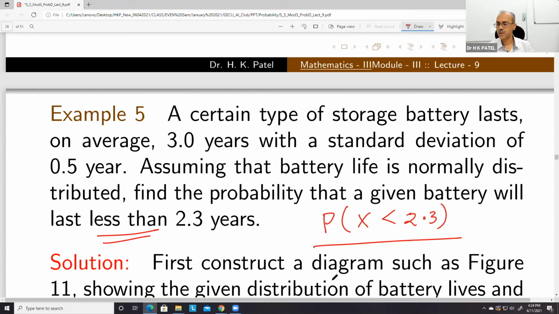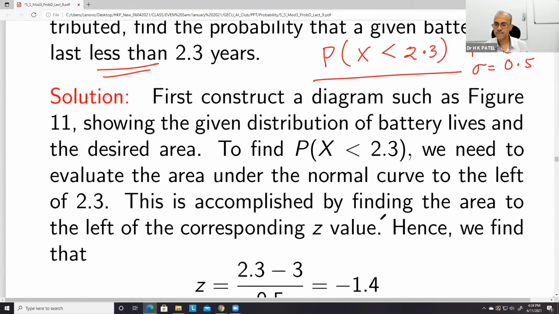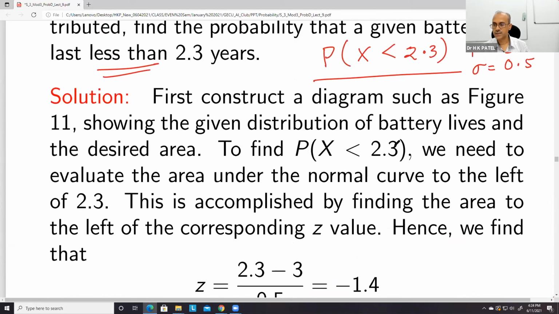This probability we want. We are given mu is equal to 3 years on average, and standard deviation 0.5 years, so sigma is equal to 0.5. That's all. Now we can find this probability very easily. Just find the Z value corresponding to 2.3.